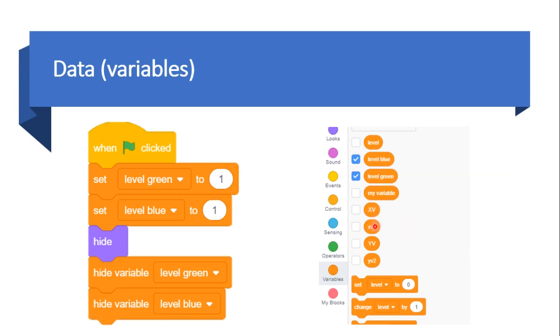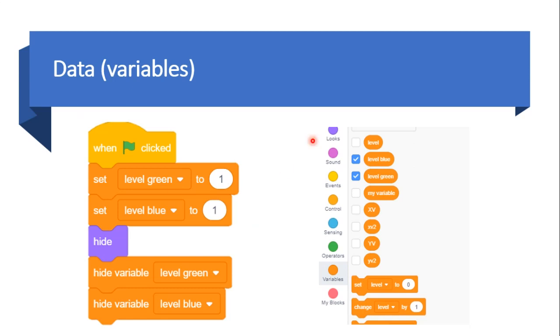Then we have the XV twice and the YV. So the Y's are along the Y axis and the X determine the movement along the X axis, and they're able to increase and reduce the movement as we want.